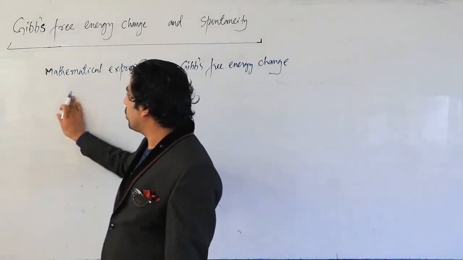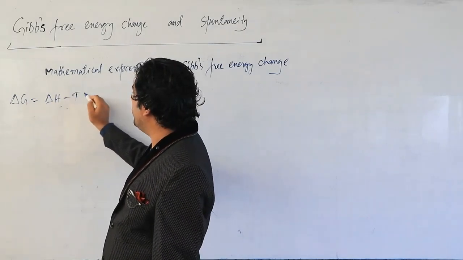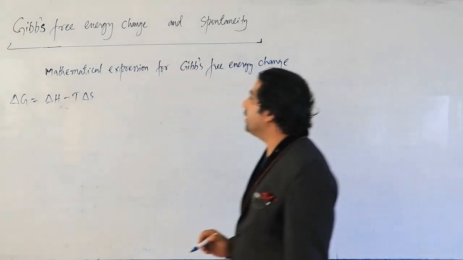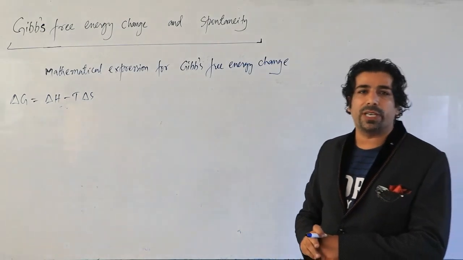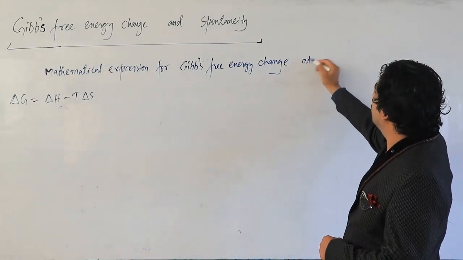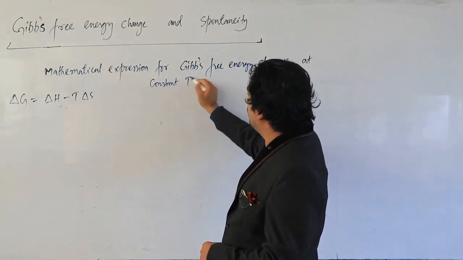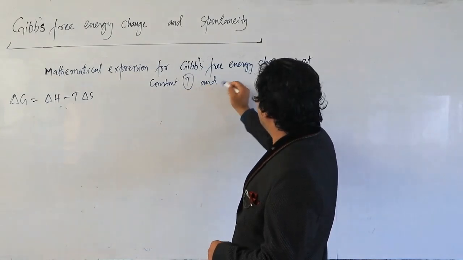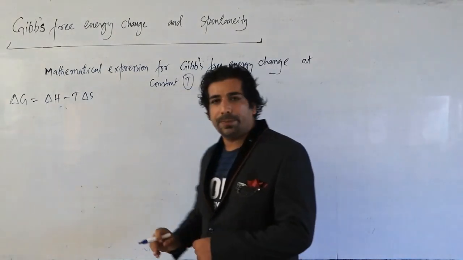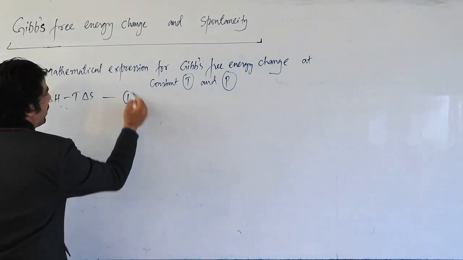Delta G is equal to delta H minus T delta S. So this is the expression for Gibbs free energy change at constant temperature and pressure, my dear friends. Let us go further and call it equation 1.